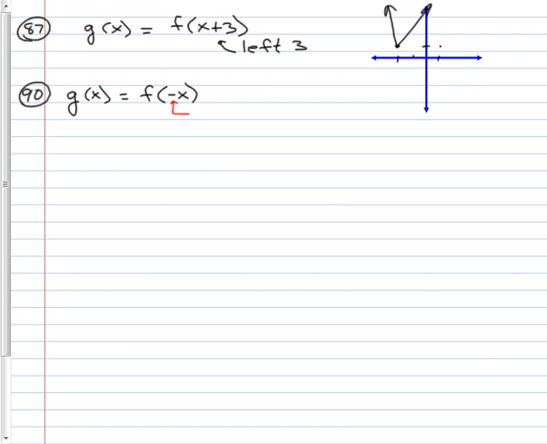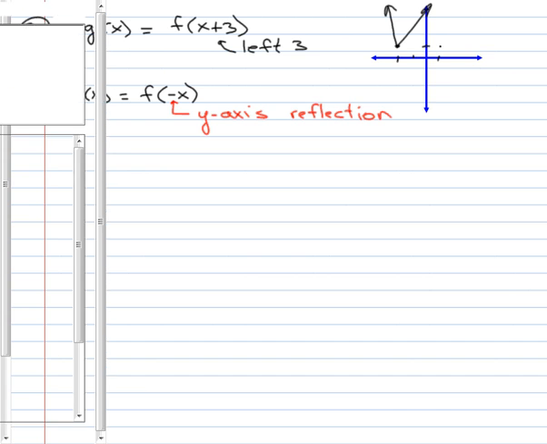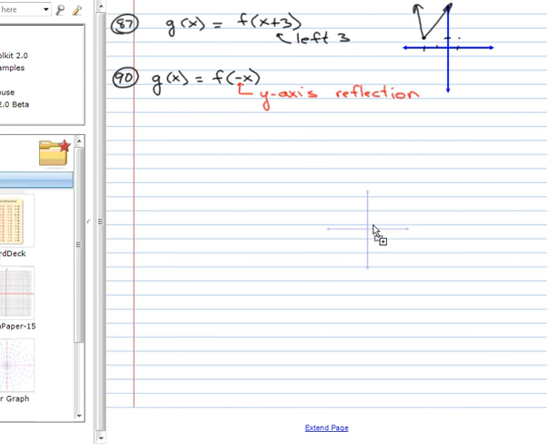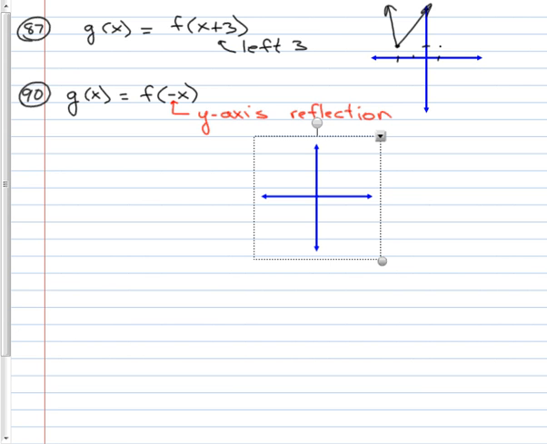It's a reflection across the y-axis. I'm going to call it a y-axis reflection. You may have to sketch the original to be able to visualize what's going on in this one. So my original was something like that. Is that right? Yeah.